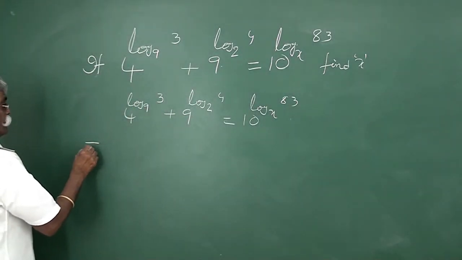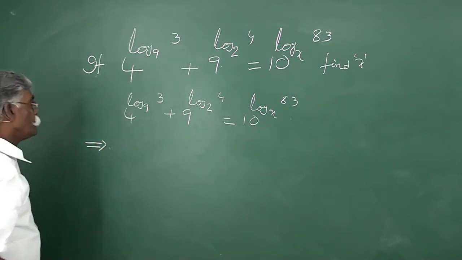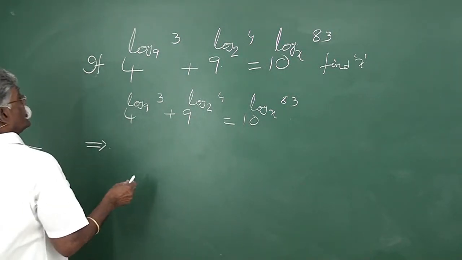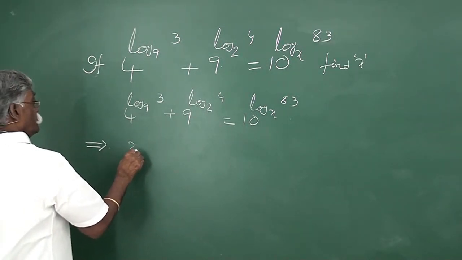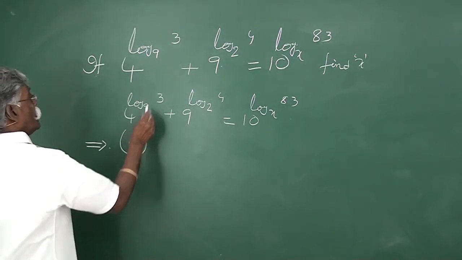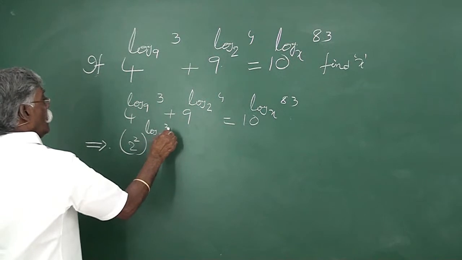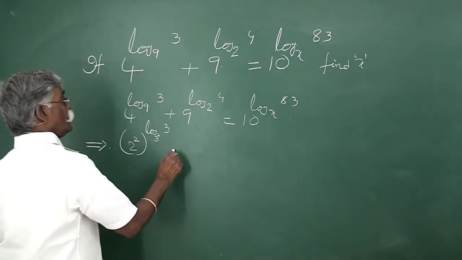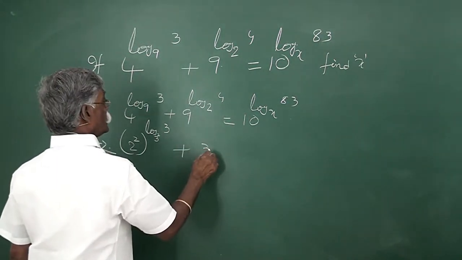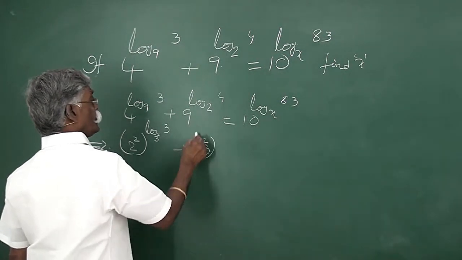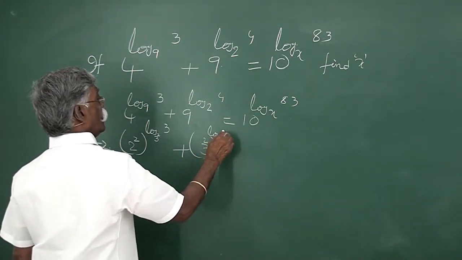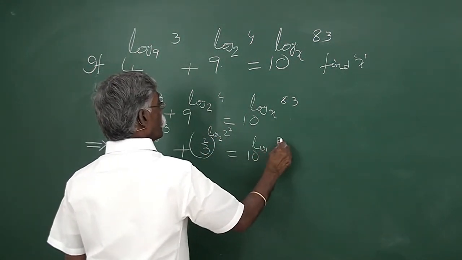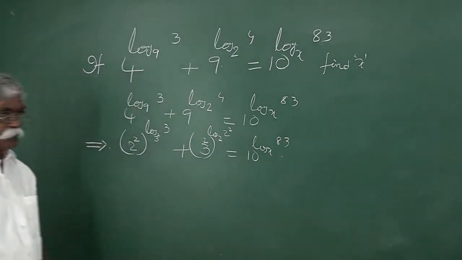This implies this 4 can be written as 2 square to the power, this can be written as log 3 to the base 3 square plus this is 3 square to the power log 2 square to the base 2 is equal to 10 power log 83 to the base 6.